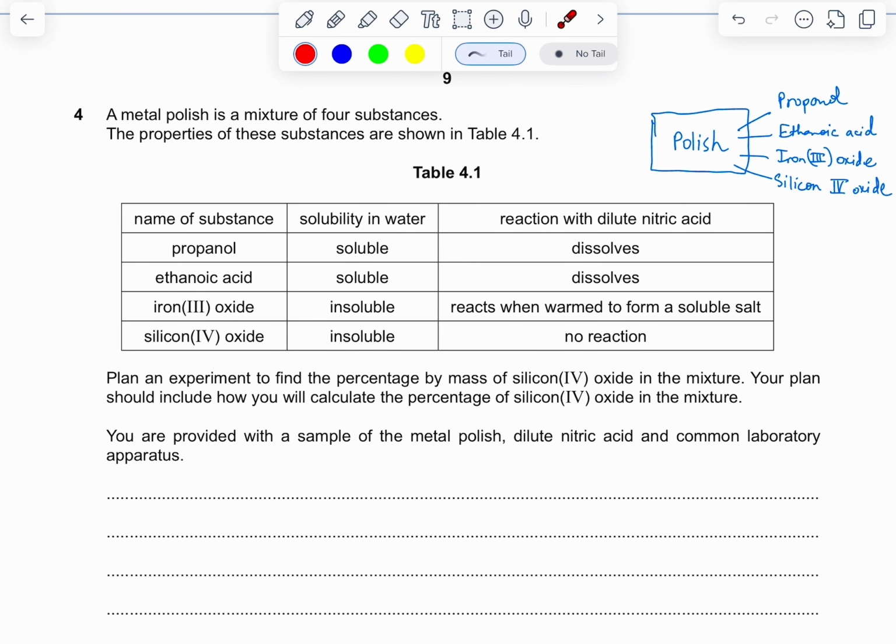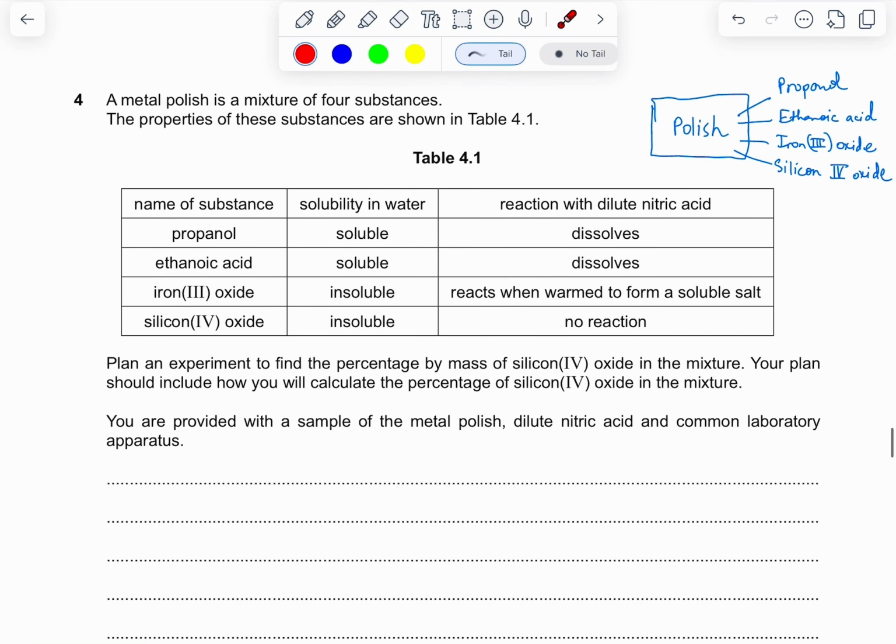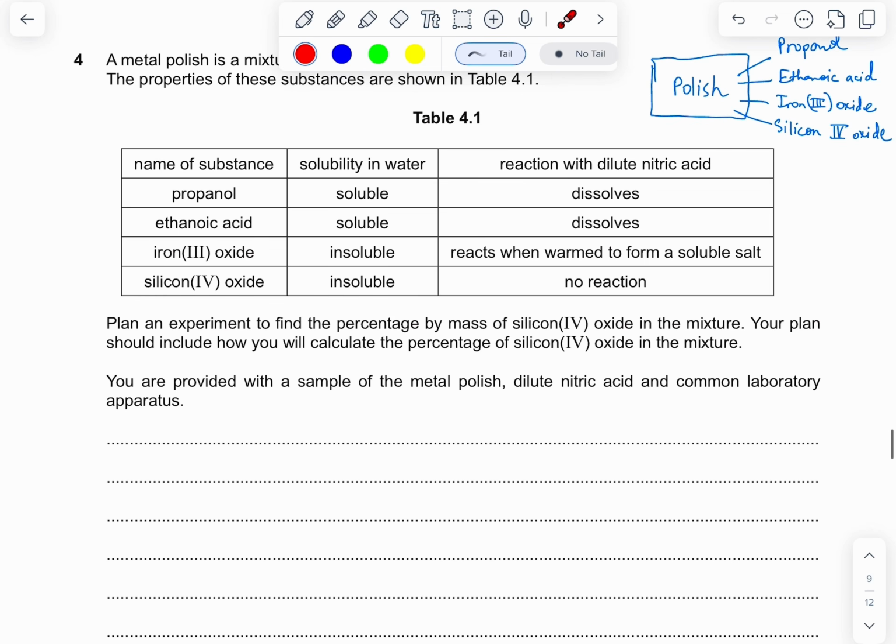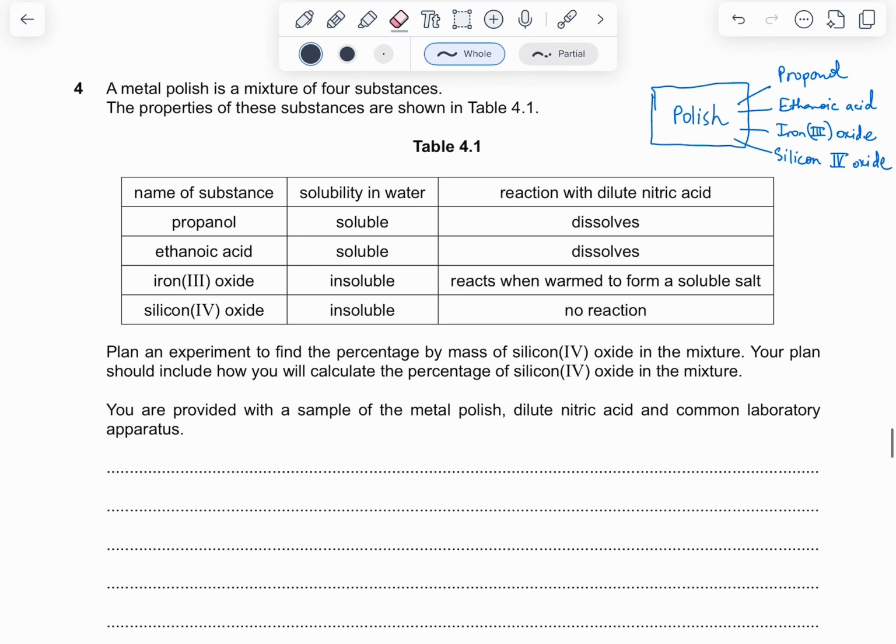This question is extremely easy, you just have to think about it. They are asking how much of this polish, for example if it was 500 grams, is silicon dioxide. Let's suppose silicon dioxide was found to be 120 grams. The percentage would be calculated by dividing the silicon mass by the total mass and multiplying by 100. This is just one scenario.